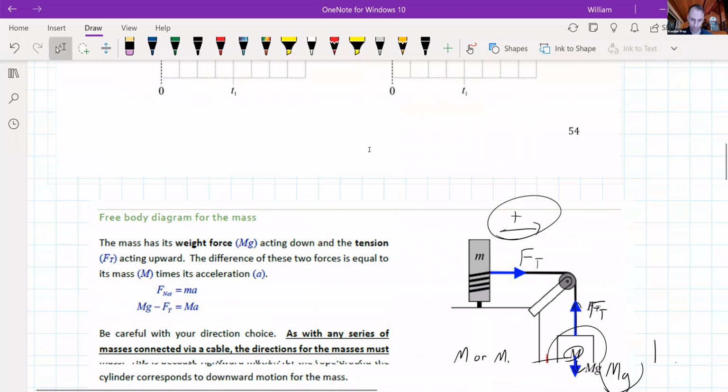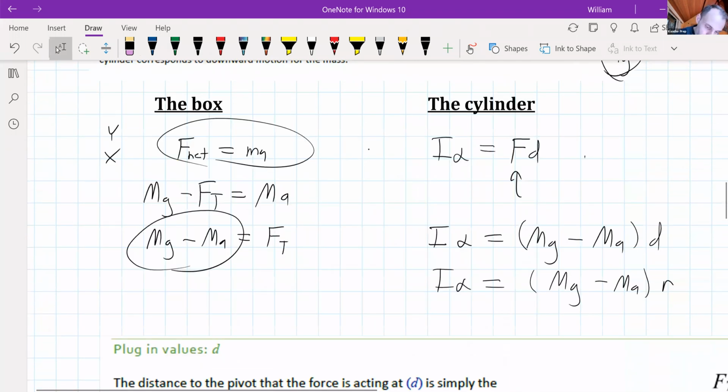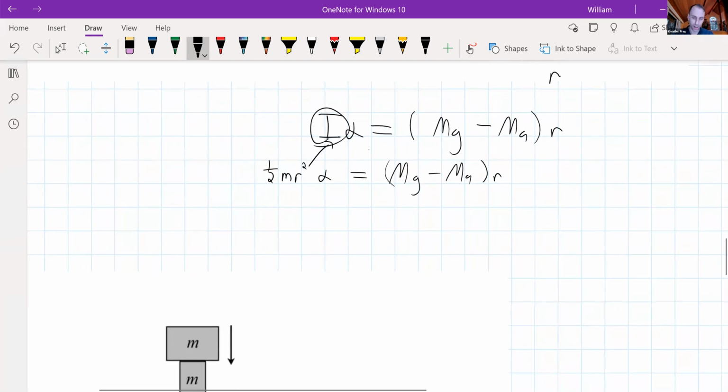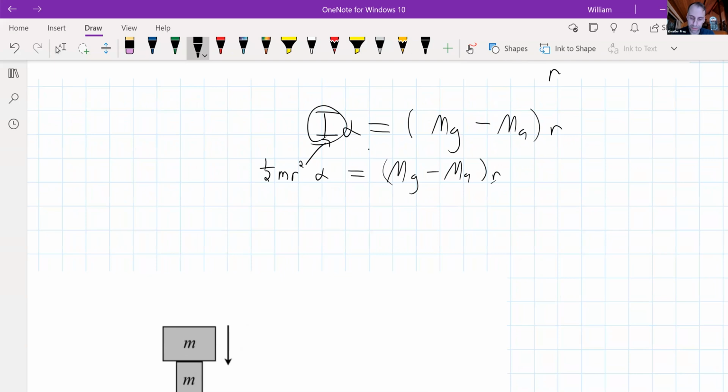And now we just make a simple substitution. 1/2 little m r squared times alpha is equal to, I'll leave it like this. Now the rest is just simple algebra, right? Look, I got r squared on the left, r on the right.